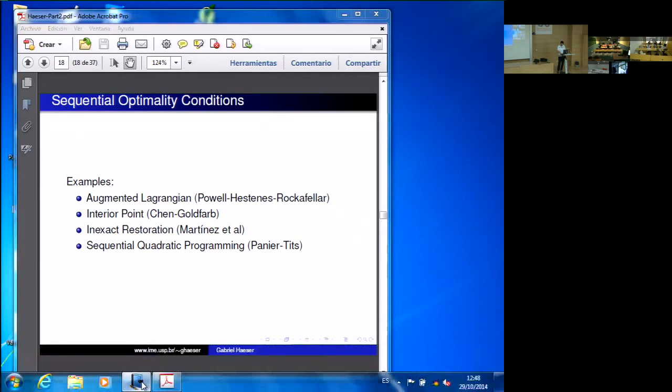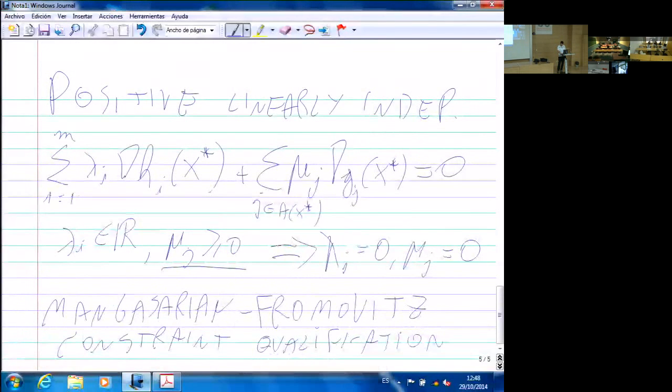Let me draw here. Note that when we prove the KKT conditions, in fact, what we prove is that if you have an AKKT point plus the linear independence constraint qualification, or in fact, you can replace it by Mangasarian-Fromovitz, you have a KKT point.